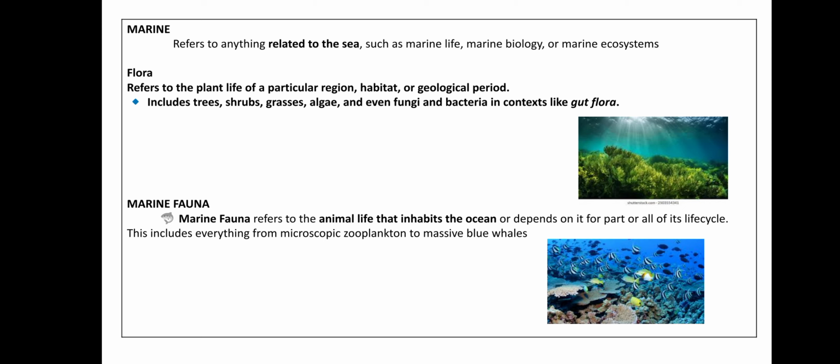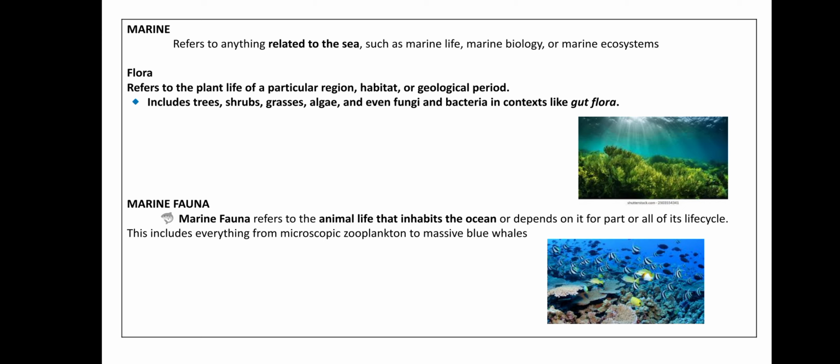Flora means plant life, fauna means animal life. तो मराइन फोना का मीन्स होता है कि ऐसी एनिमल लाइफ जो ओशियन में रहती हो। एक होता है फोना, एक होता है मराइन फोना। फोना मीन्स एनिमल लाइफ लाइक एलिफेंट है, जू है, जिराफ है, टाइगर है, लायन है, पिजन है। This is known as fauna life.